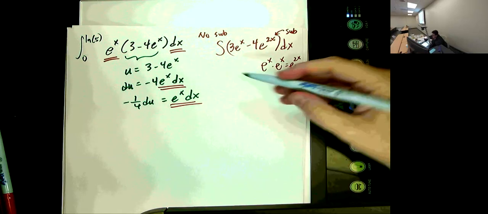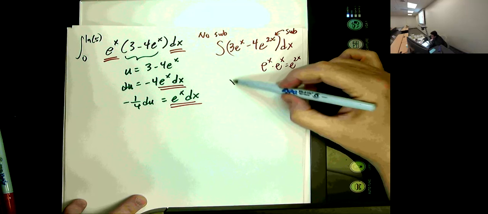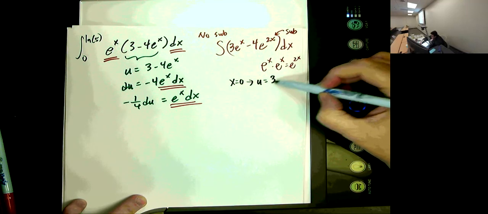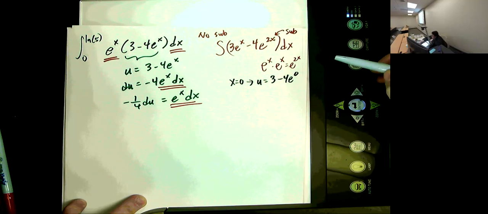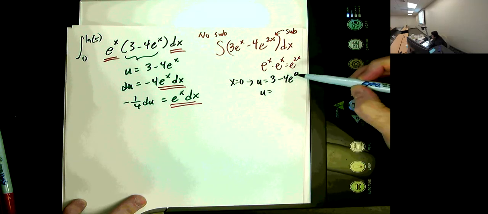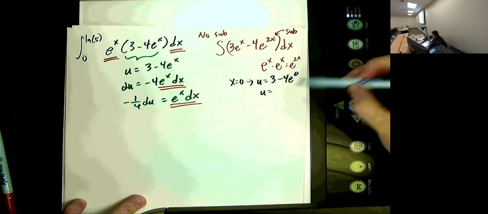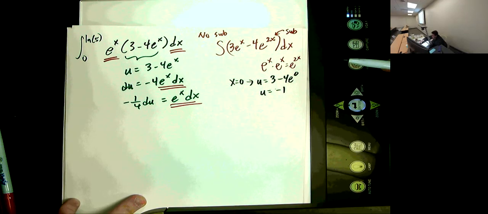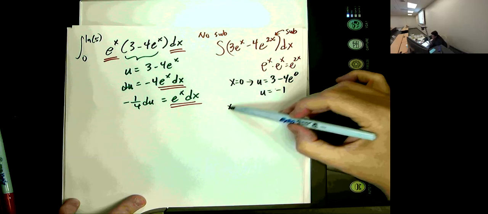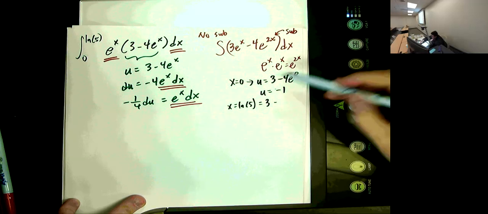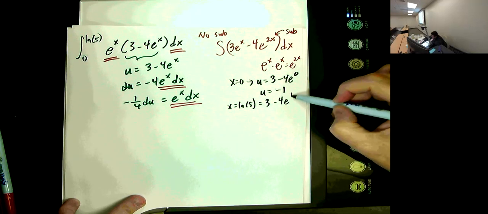If I do that, what happens to my limits? x equals 0, I'm going to u equals 3 minus 4e to the 0. e to the 0 is what? 1. So we got 3 minus 4 times 1 is -1. If I do ln of 5, I got 3 minus 4e to the ln of 5.